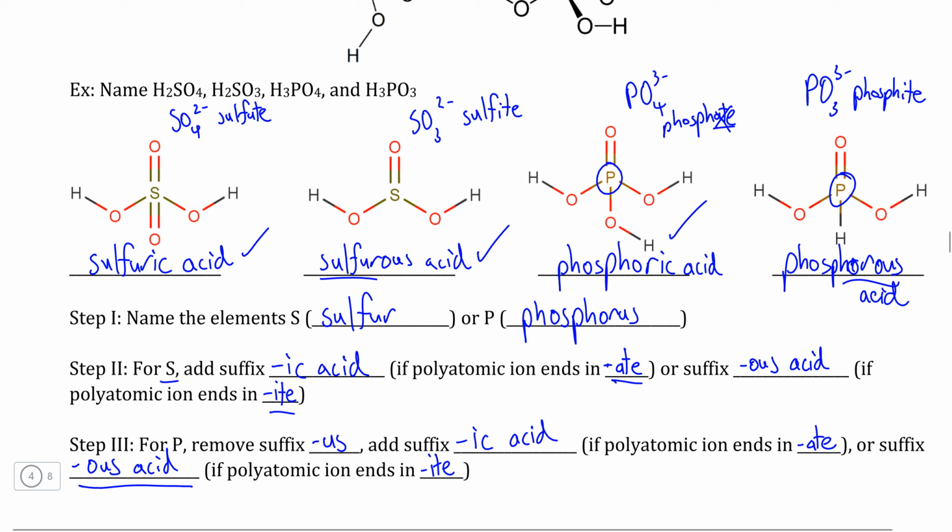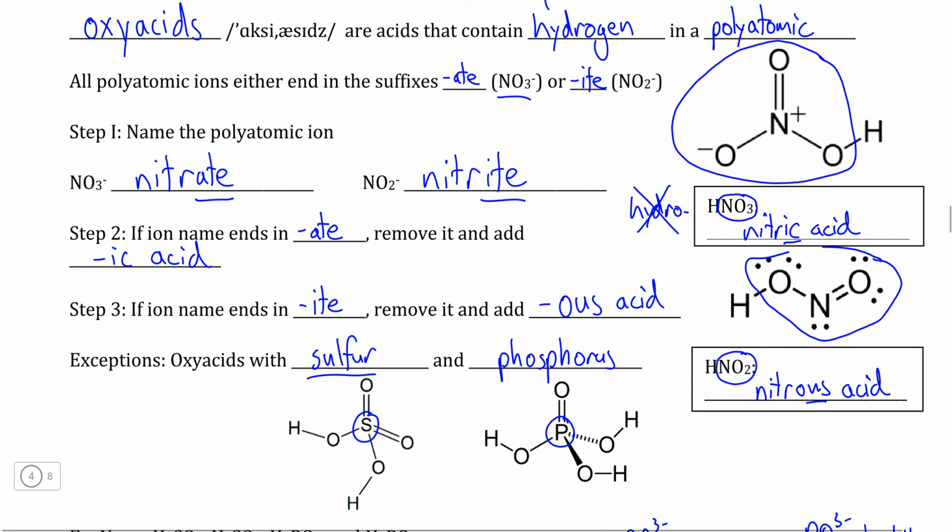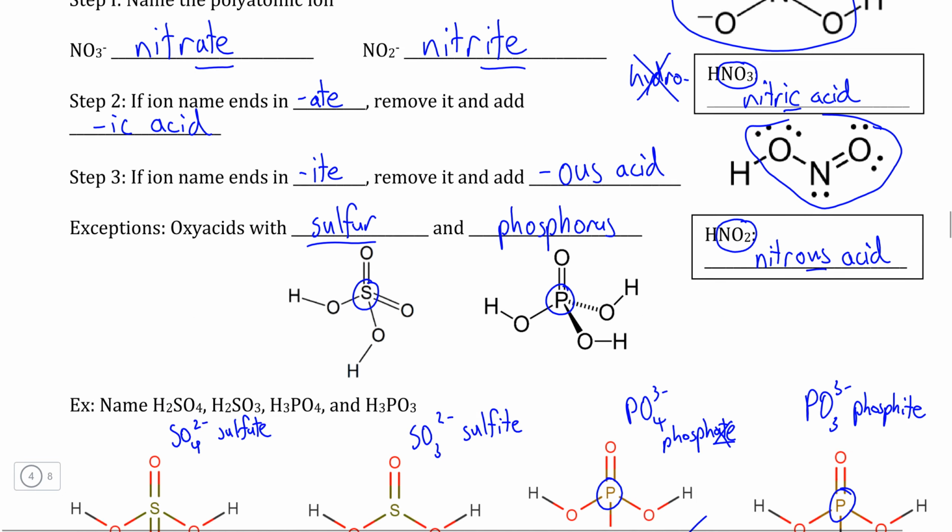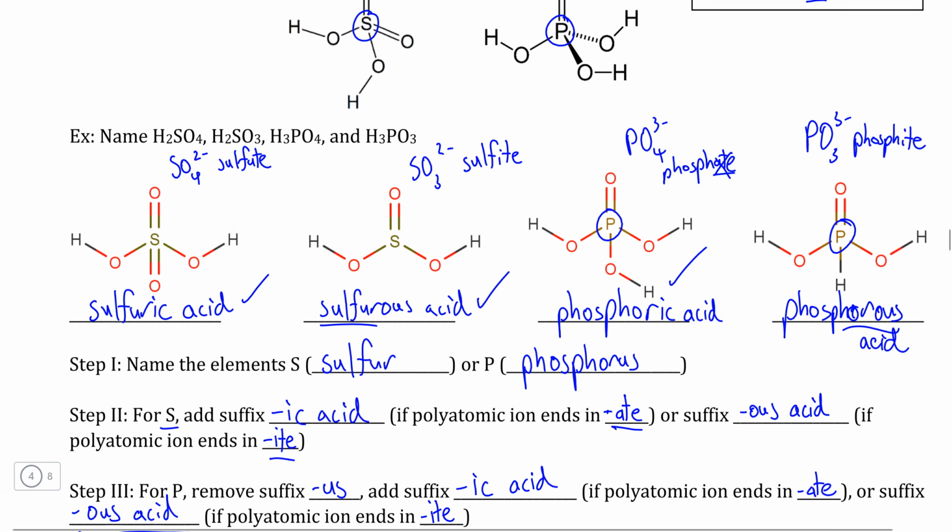So even though these spellings have a little bit of irregularity compared to the pattern that we saw with our first 2 examples, the core remains the same. If the polyatomic ion ends in ATE, the suffix of our acid is going to be ic acid, whereas if the suffix of our polyatomic ion ends in ITE, the suffix is going to be OUS acid.